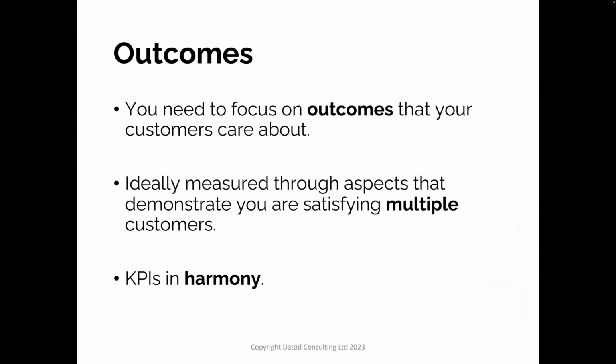Now, really, in terms of what customers define as valuable, at the end of the day, they're really more concerned with outcomes than anything. And ideally, the outcomes they're looking for are related to what they feel is valuable. We will come on to that.